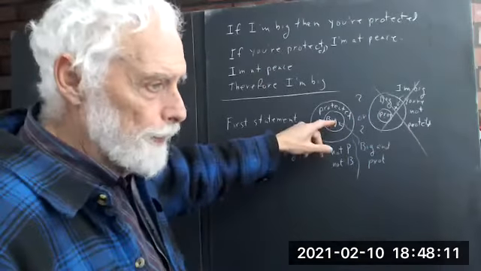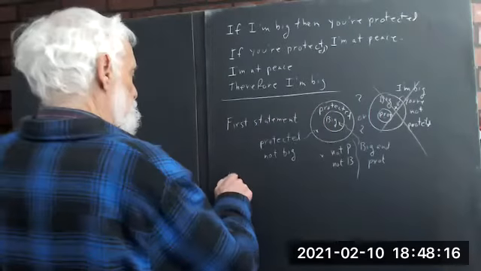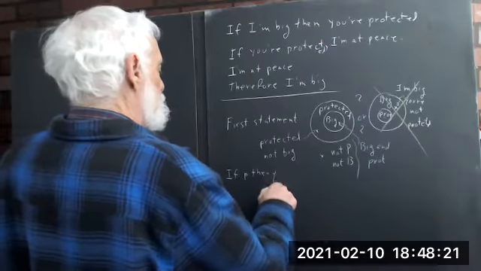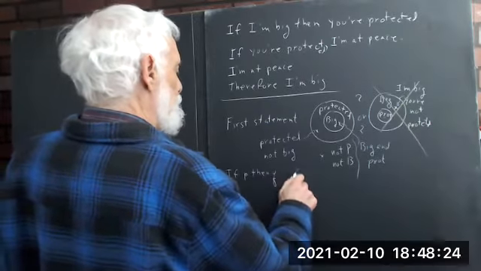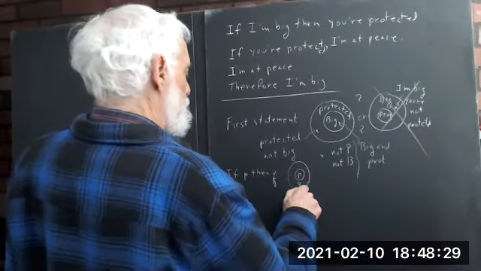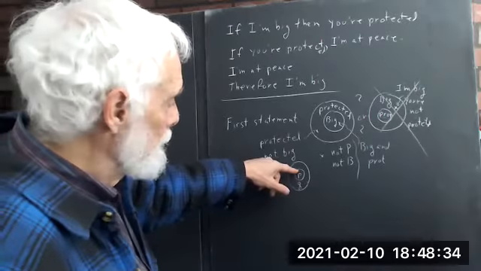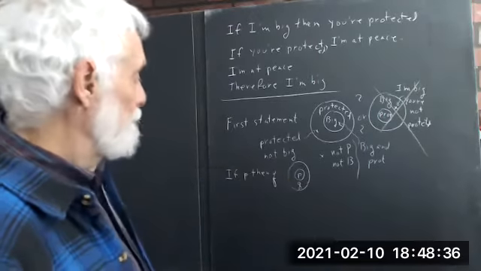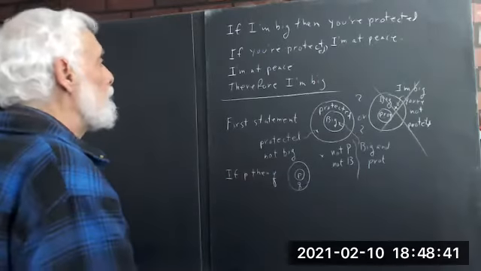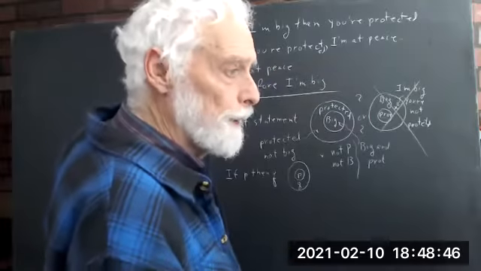So this is the way it looks. If this, then this. So generally, if P then Q looks like this. P can't be true without Q being also true. You can't have P true, Q false. Okay, so we have this circle. Now the other one is, if you're protected, I'm at peace.